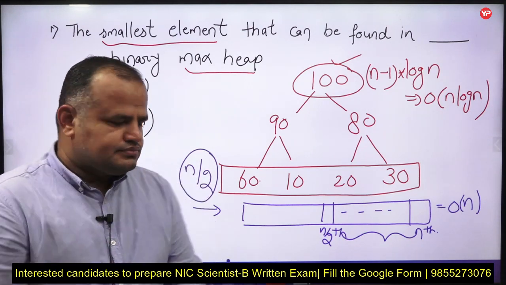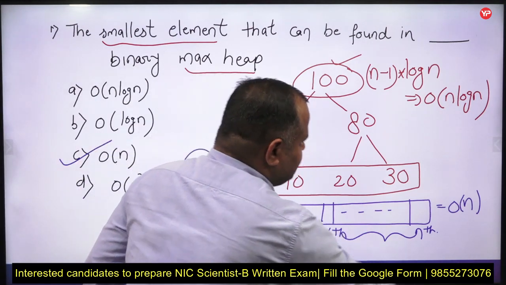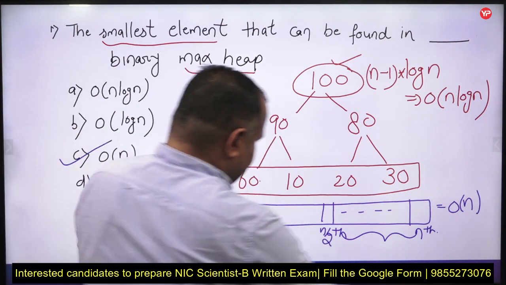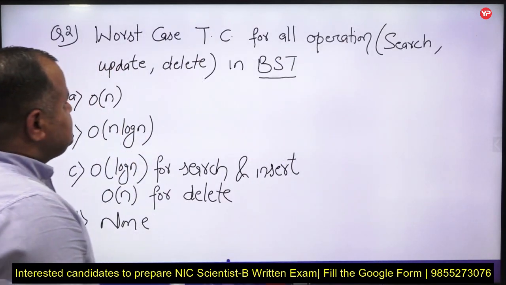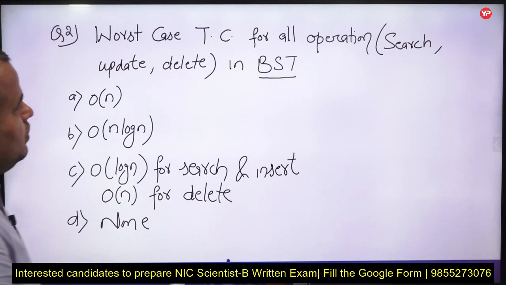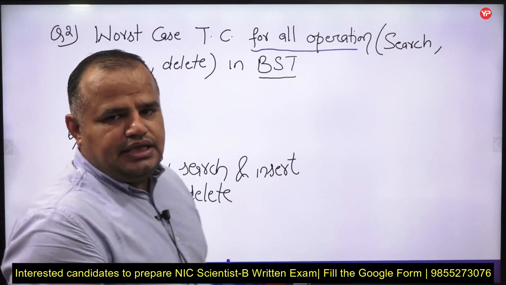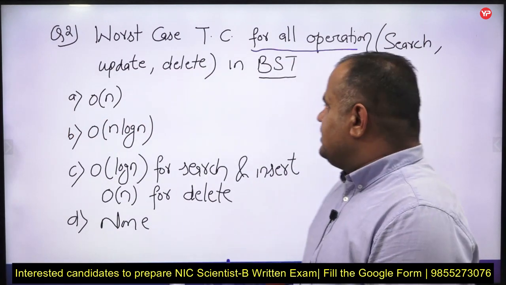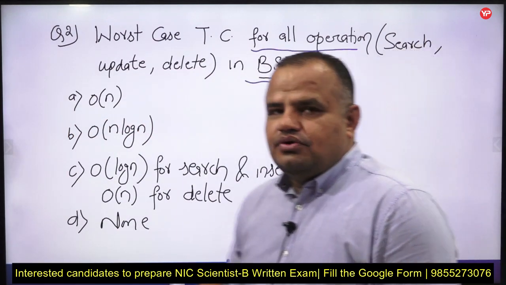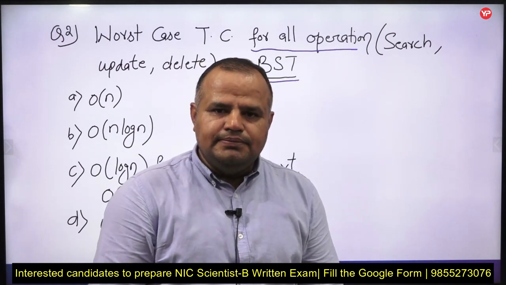Keep in mind. If we go to the next problem, problem 2, we have to find the worst case time complexity of all the operations in a binary search tree. As we already know, what is the property of a binary search tree?